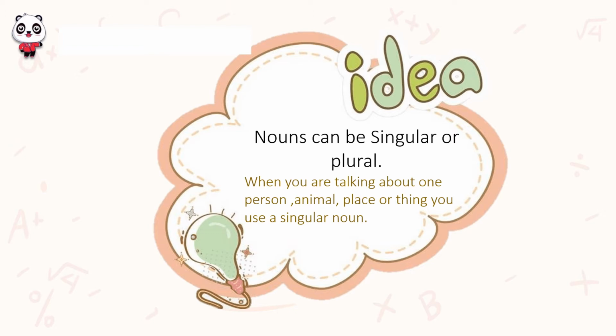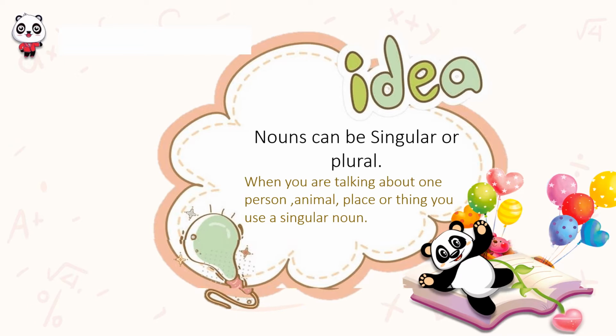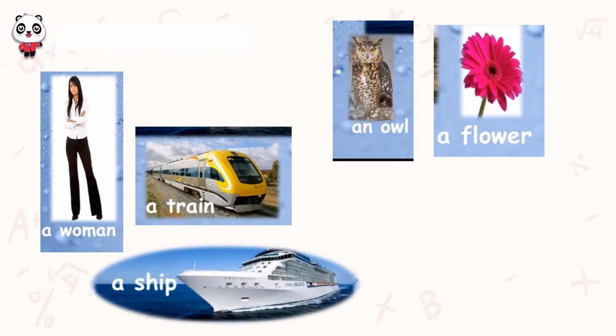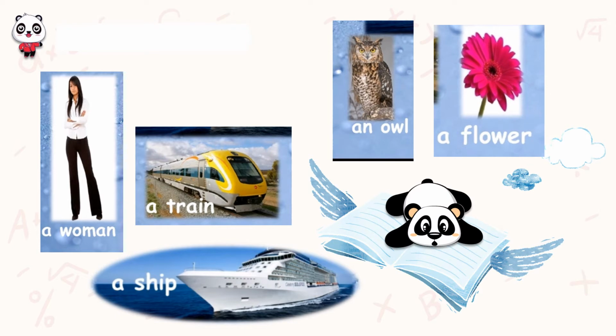When you are talking about one person, animal, place, or thing, you use a singular noun. Look, a woman, a train, an owl, a flower, a sheep, all are talking about one person, one thing, or one animal.